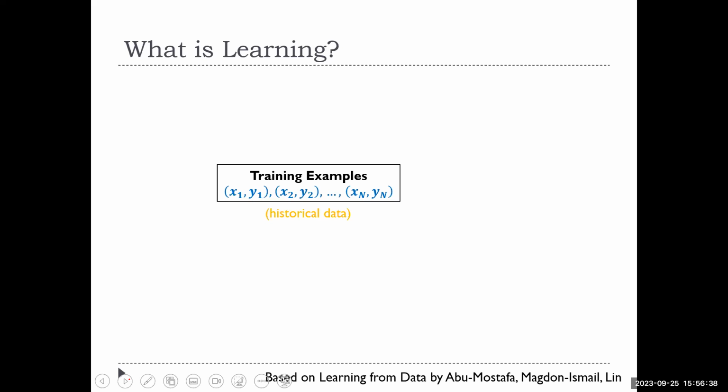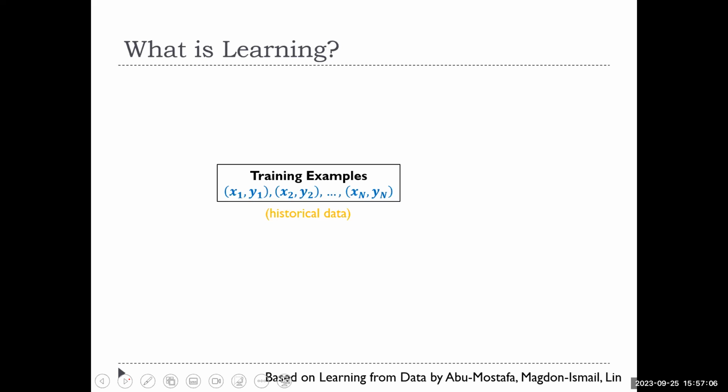Or in a car example, is it a family car, yes or no. Or whether this person is likely to buy this item if we market to that person. That is yes or no, and that's a decision again. So we have decisions made based on the historical data. We showed this commercial and the person bought the item, or we showed the commercial and the person did not buy the item. So we have those decisions.